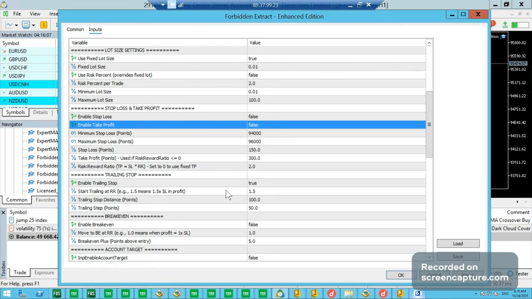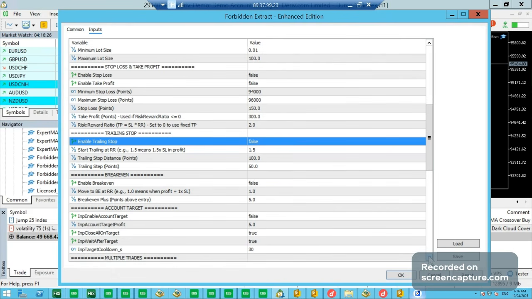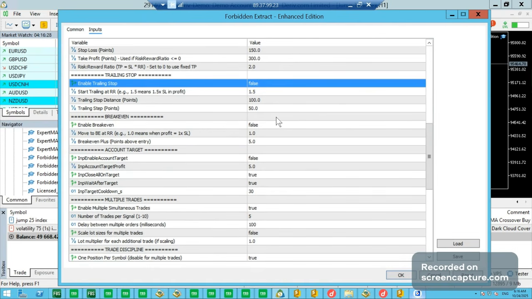Enable trailing stop. If you enable trailing stop, it will work in line with your stop loss and take profit. And I'm assuming that I don't want to use trailing stop, so I set it to false. And also your break even.